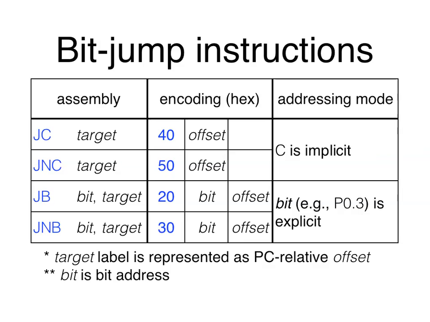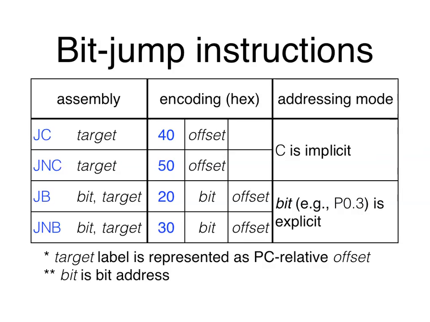And so here I'm showing the encoding as well. So JC is 40, and the target is represented as an offset from the program counter. Actually, the target is the address of the next instruction plus the offset. The offset could be positive, it could be negative, right?